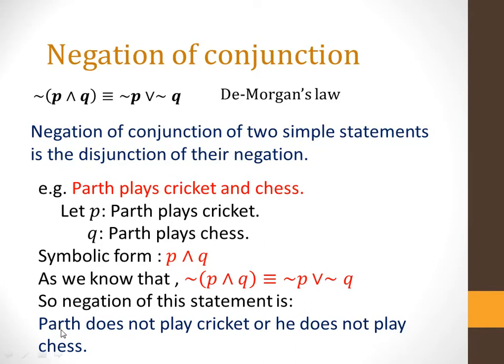First the negation of P, joined by or, then the negation of Q: he does not play chess. So the complete statement is Parth does not play cricket or he does not play chess. So remember how to do the negation of conjunction by this De Morgan's law.